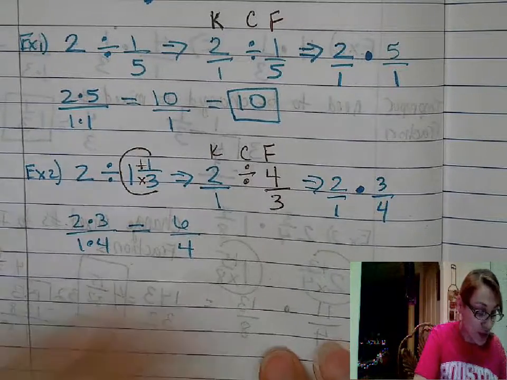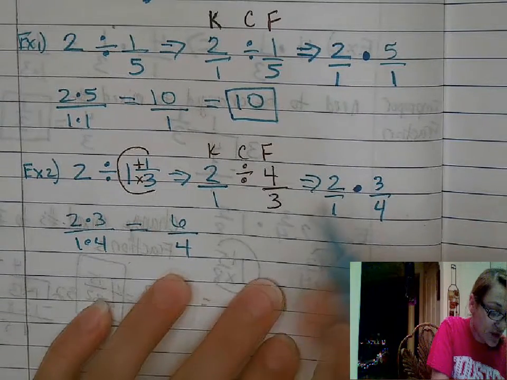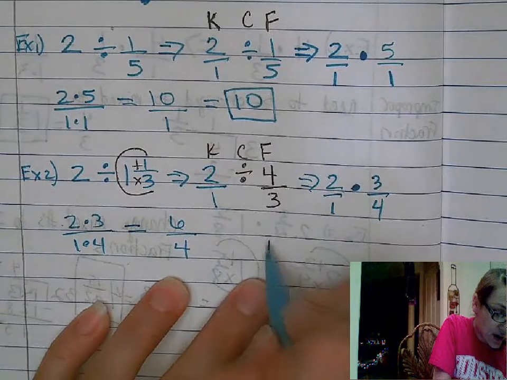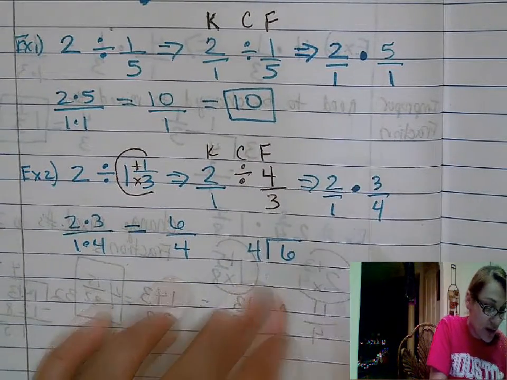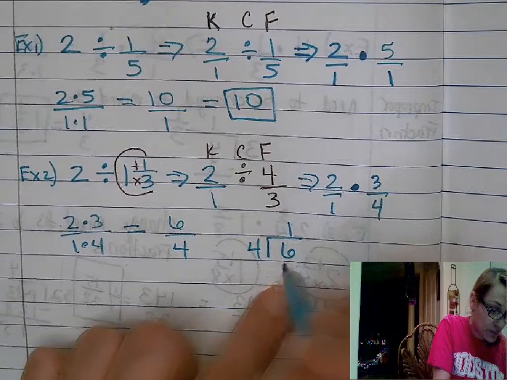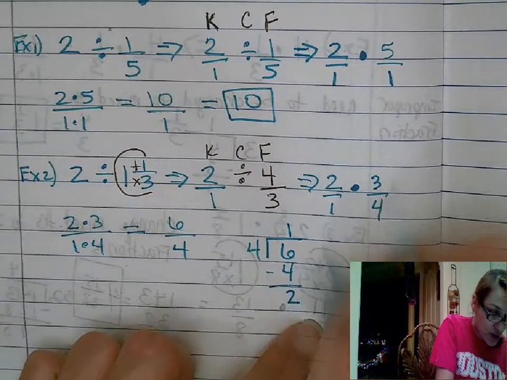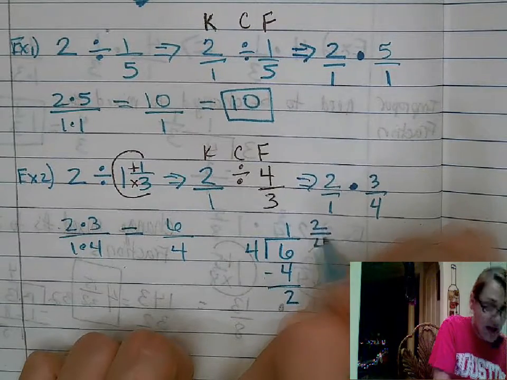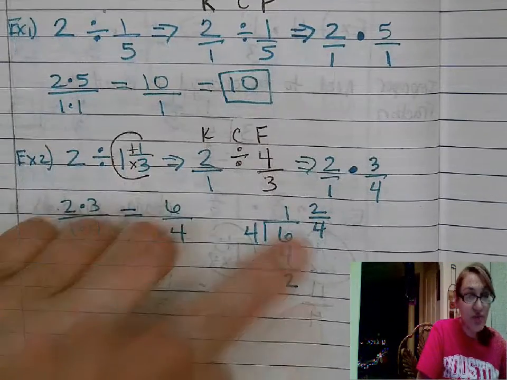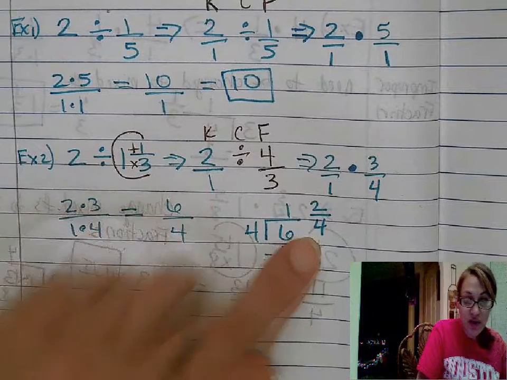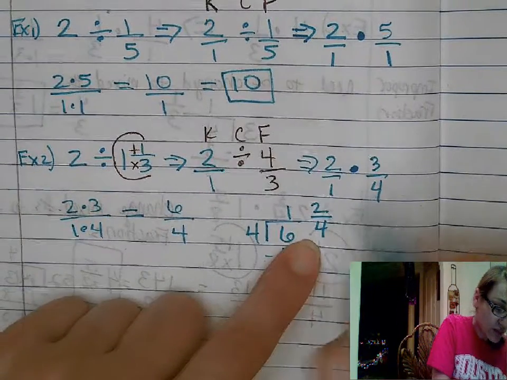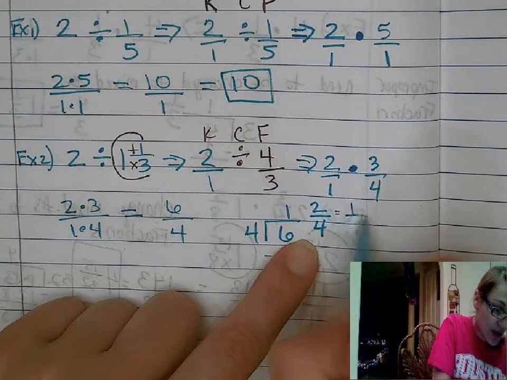So we're going to T-bow this improper fraction, top in, bottom out. 4 goes into 6 one time. 6 minus 4 is 2. And then you bring this up and leave it as a fraction. And you notice you can simplify 2/4. 2/4 simplifies to 1/2.